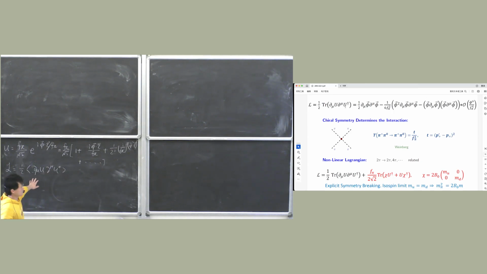And again, we should do the derivative. That means the partial mu U should equal to, so it's a constant, this one vanishes, and in the following is i over f pi tau dot partial mu phi plus the next term, phi dot tau times tau dot partial mu phi, and another term.